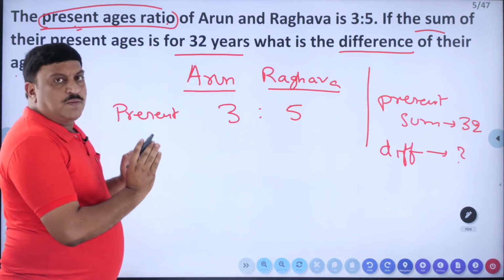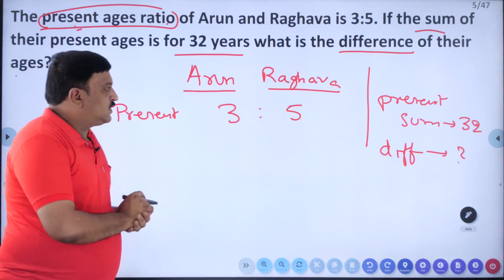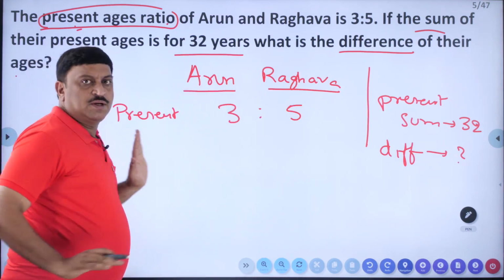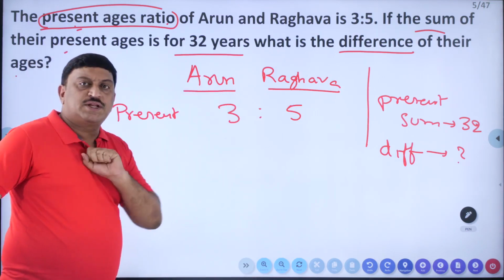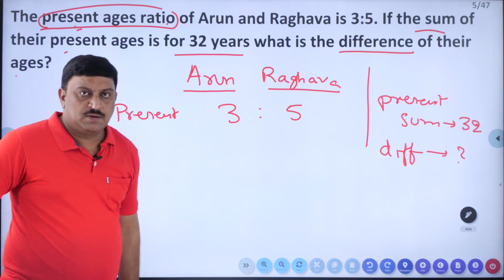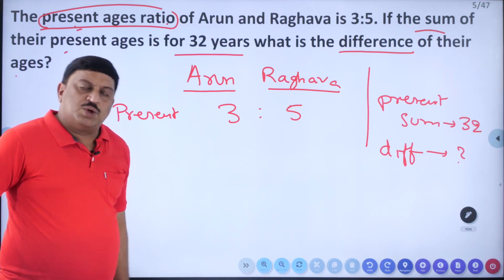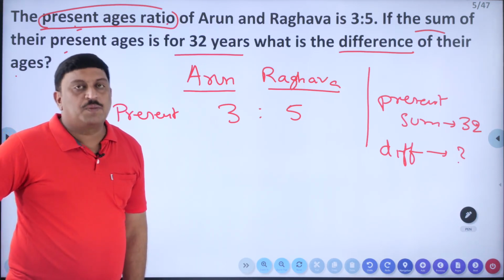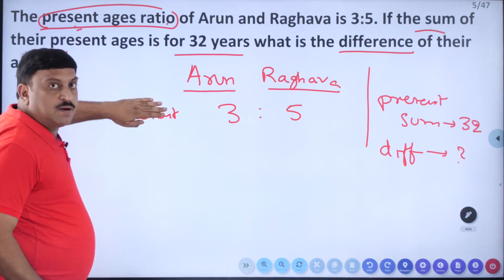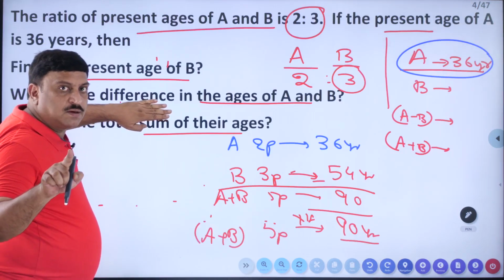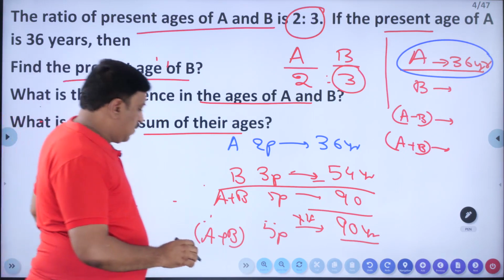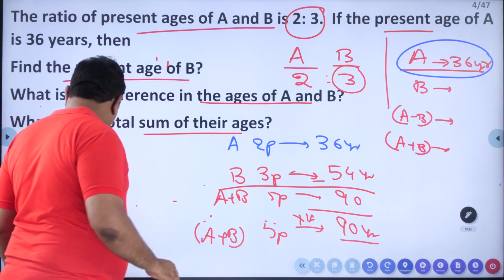See, before giving answers, if you have done this much in your notes, this is 90%, you are perfect. It should be 100%, no problem. If you have missed this one, you are 50%.